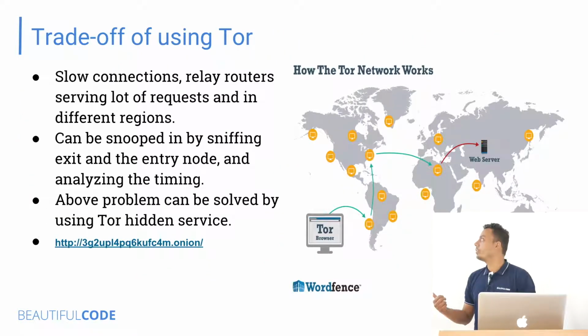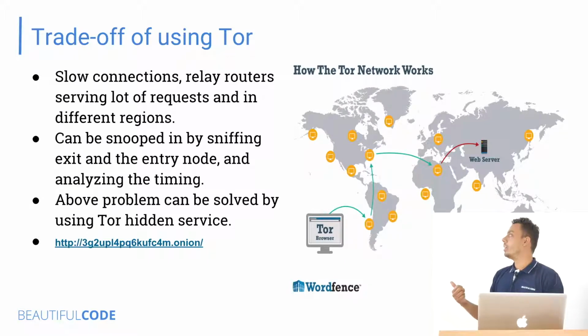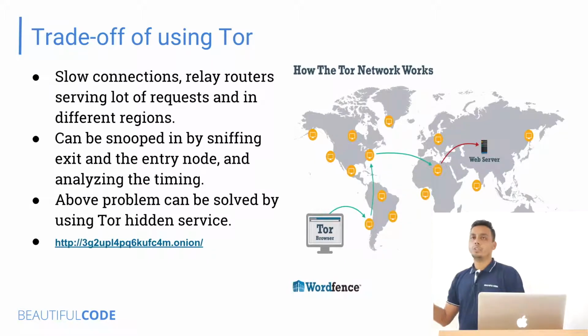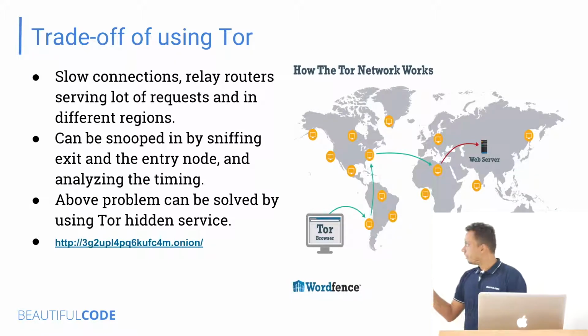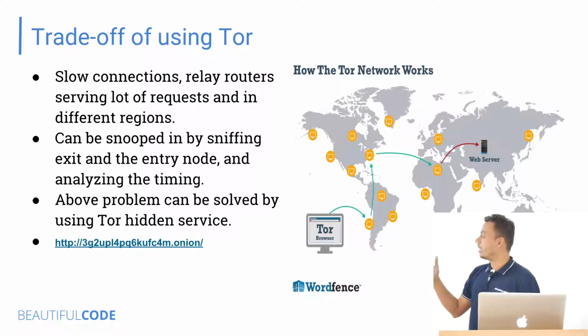So the trade-offs of using the Tor network are that you will generally face slow connections, because you are using multiple routers which may be located throughout the globe, and they might be routing many other traffics as well.